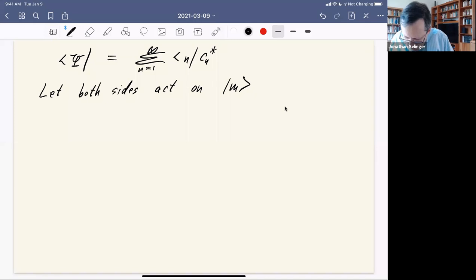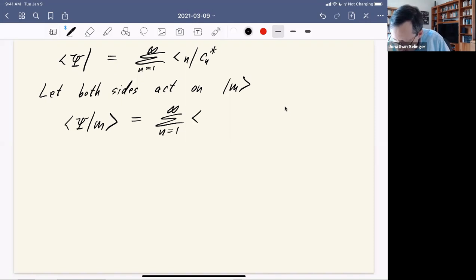Then we would have psi m on the left side, and on the right side, sum of n equals 1 to infinity of n Cn star m.